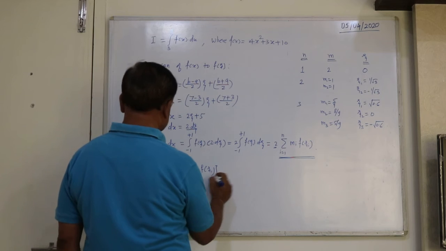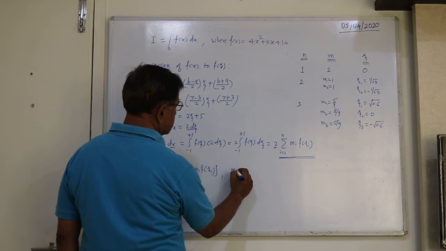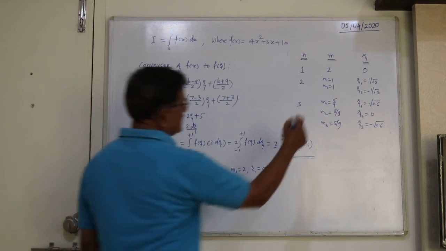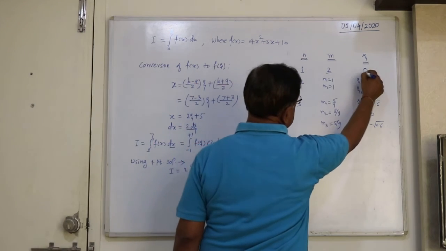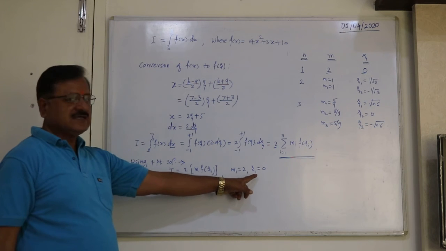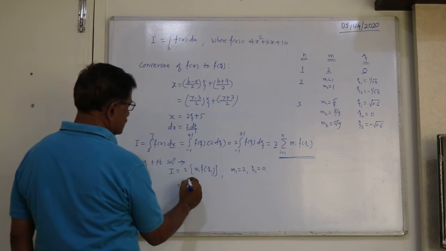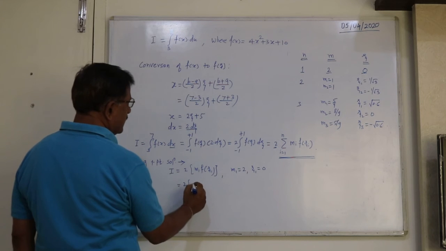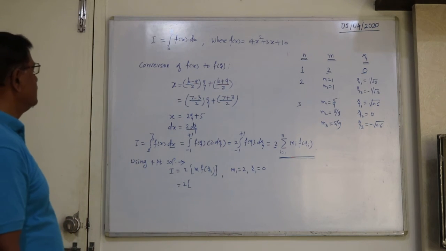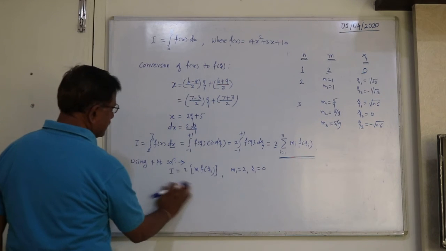For a 1-point solution, m1 is 2 and xi1 is 0. Substituting these, we now have to work out f of xi1 also, so let's develop that first.